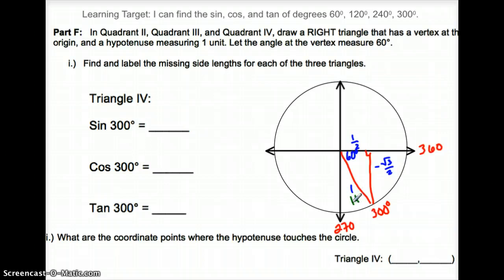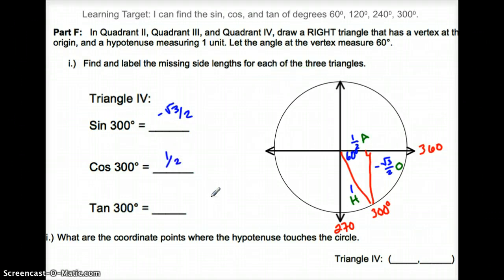So H is 1. Adjacent's on the axis, so then that leaves this guy to be the opposite. And so my sine would be negative radical 3 over 2, O divided by H. Cosine, A divided by H, would be positive a half.